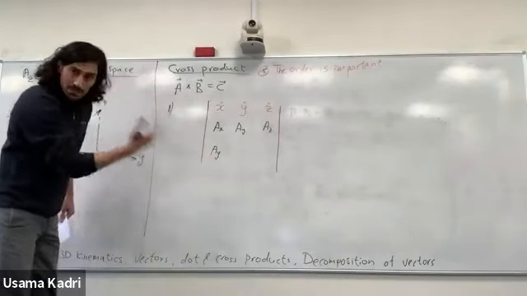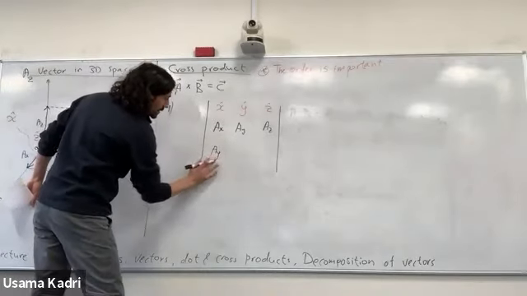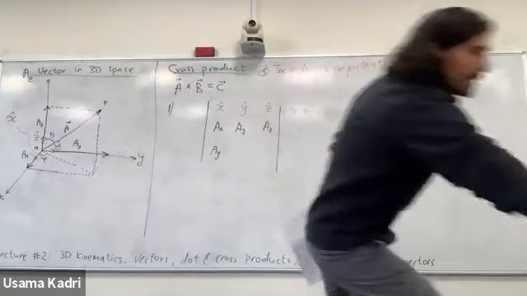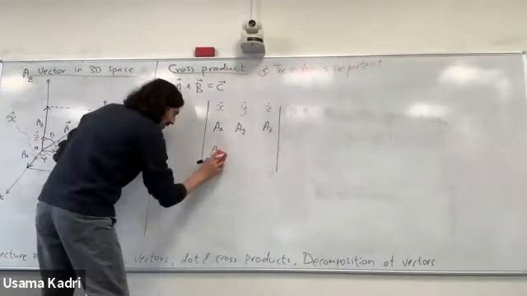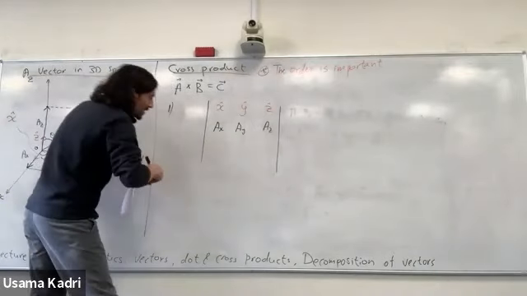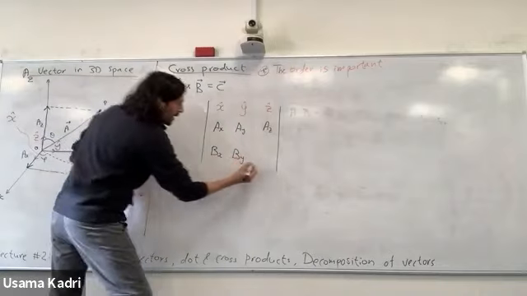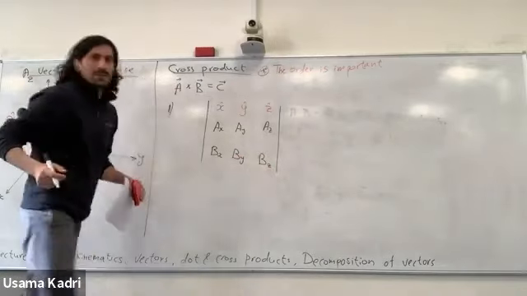If I had B cross A, I would start with B first and then A second. It's BX, BY, and BZ.